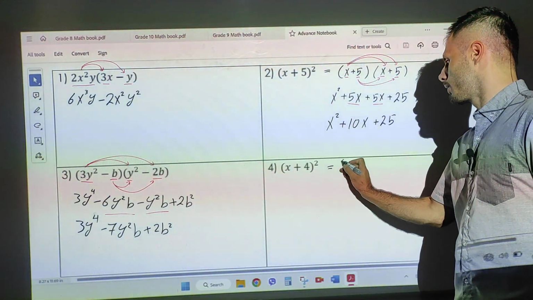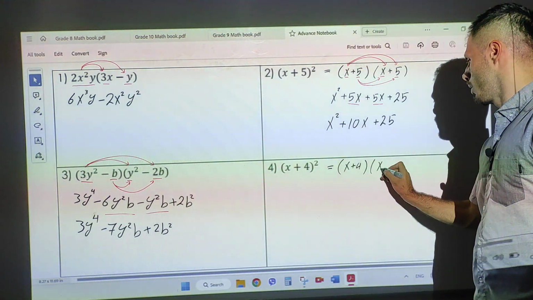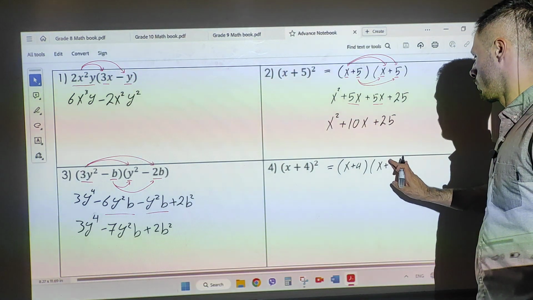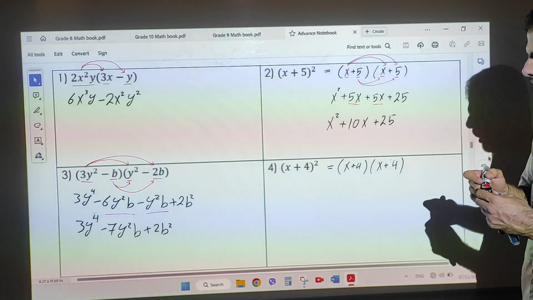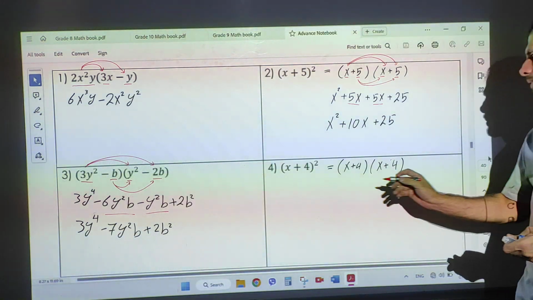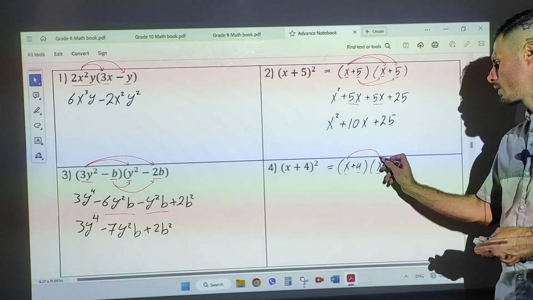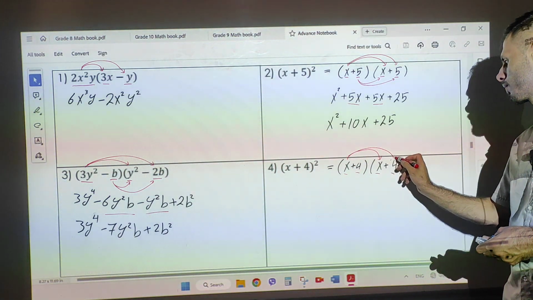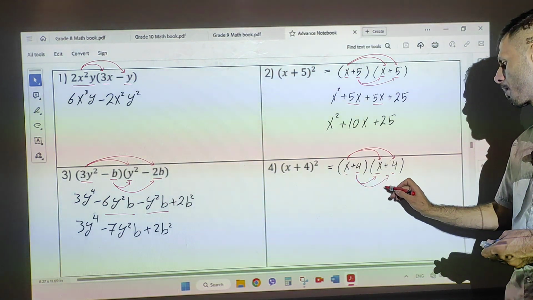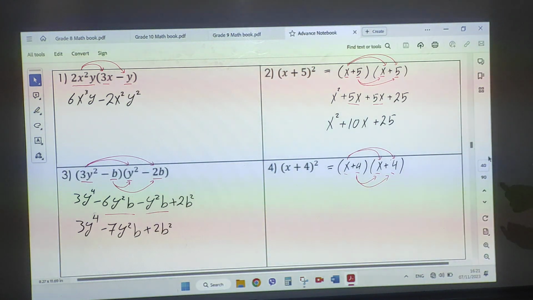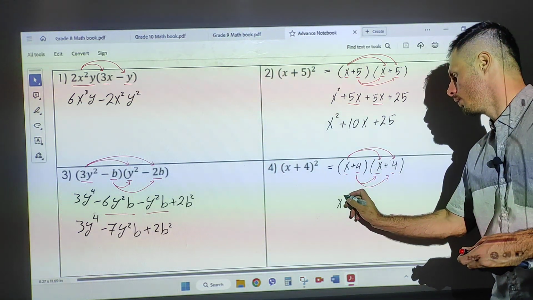And number 4, we have a bracket power 2. We can just say x plus 4 multiplied by itself, which is x plus 4. We know this is two terms. The first term multiplied by both, then the second term multiplied by both of them. X multiplied by x would be x power 2, power 1 plus power 1 would be power 2.